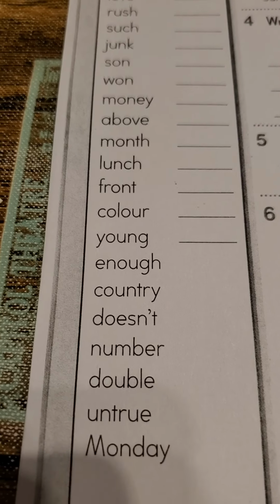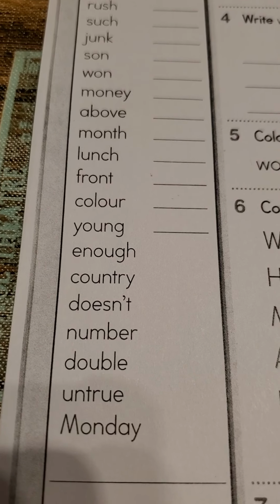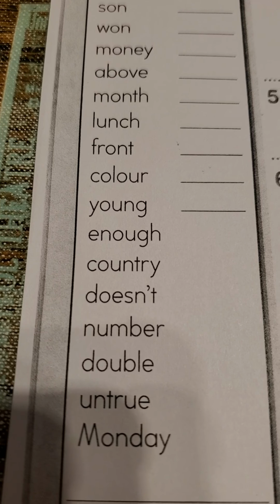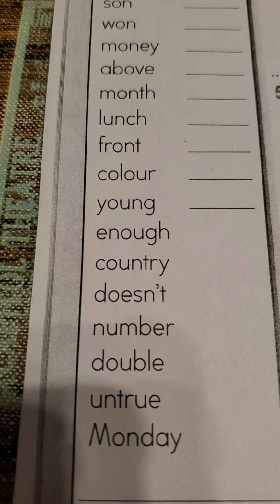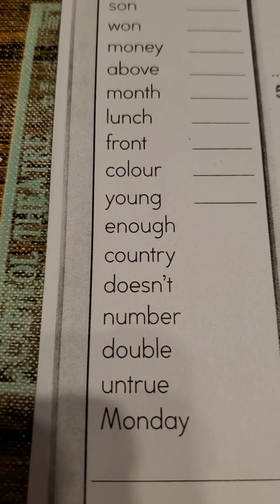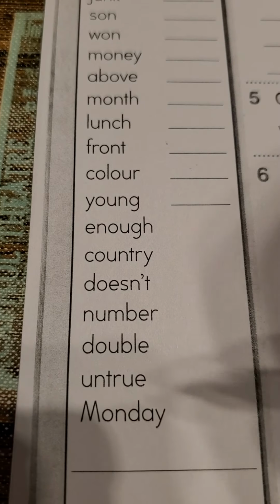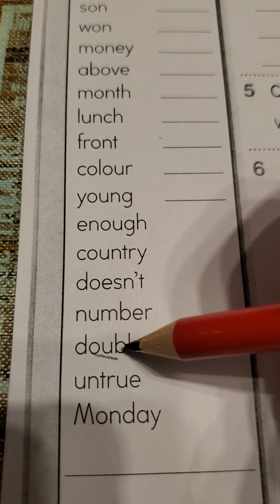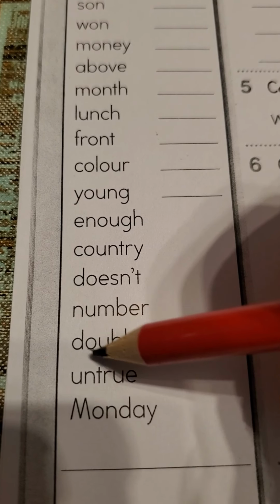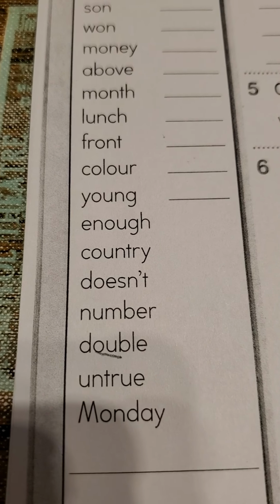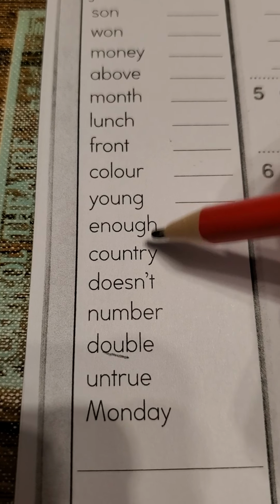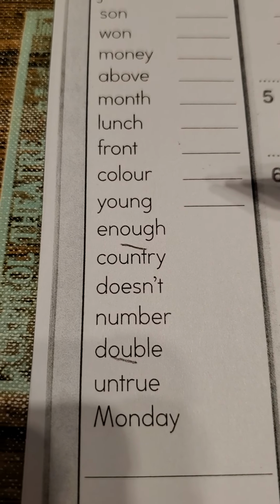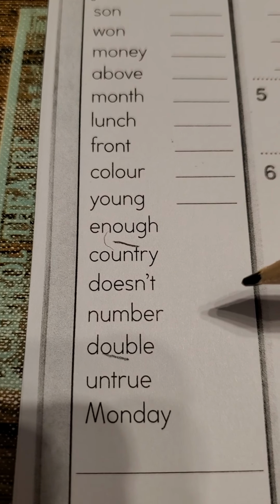Now there are a few words where actually O and U work together to make the sound. For example, in double, d and then bull. So the O and the U are working together there to make the sound. Also in enough, the O and the U there.